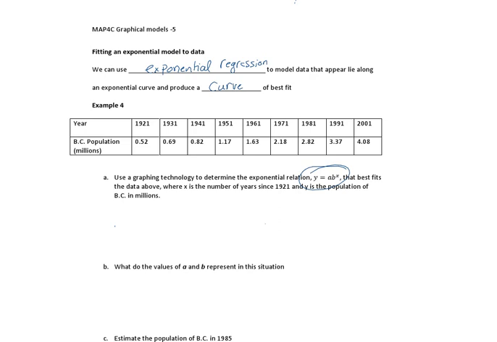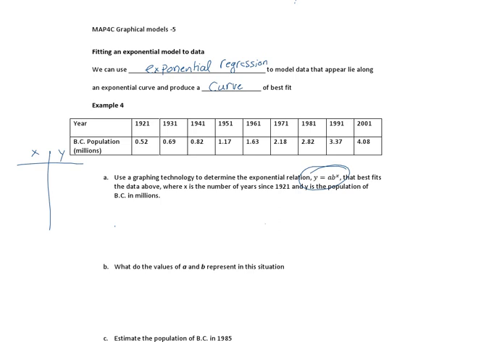Number two, what would be my x values? My years? So what would I put in my table on Excel? Each 10 years. Read that, please.